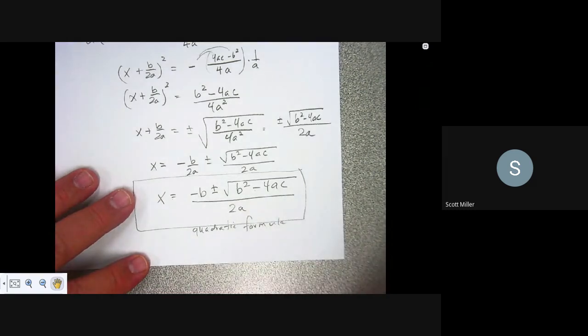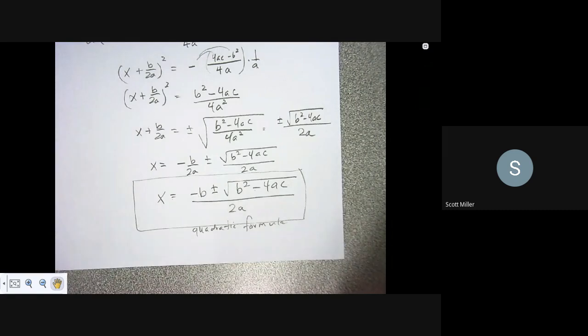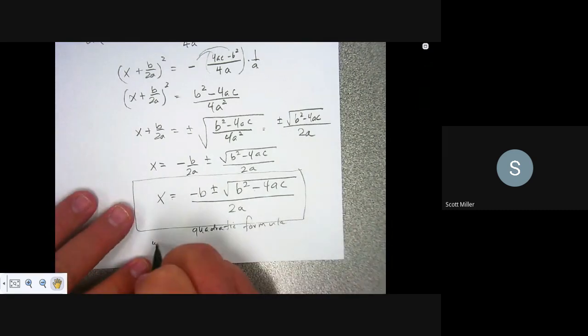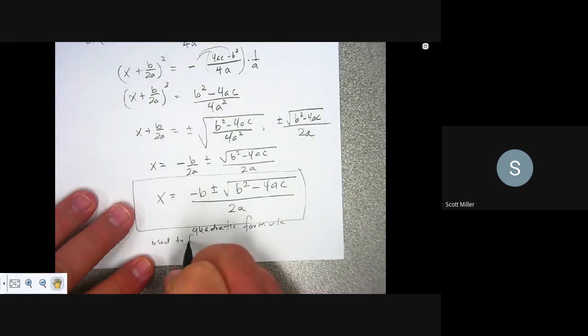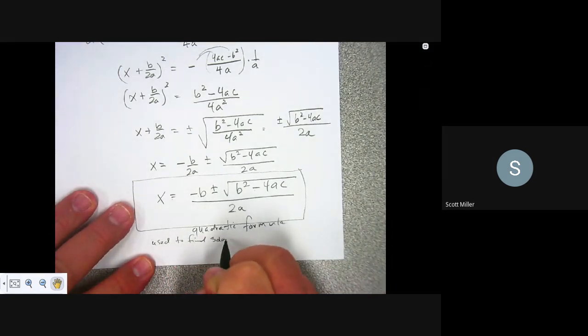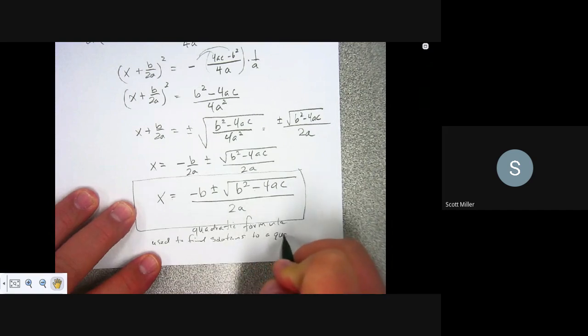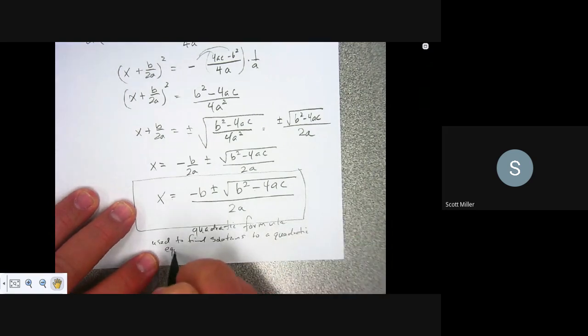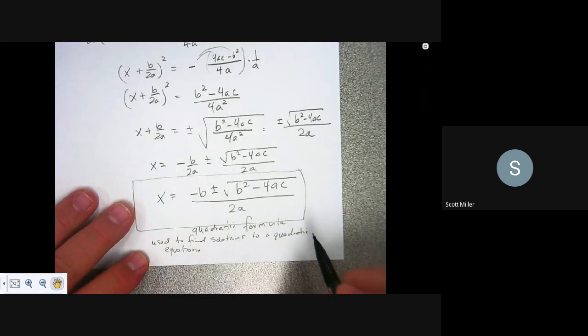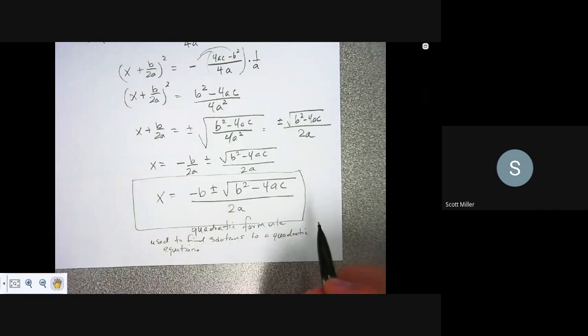The quadratic formula is a method for finding the solutions to a quadratic equation. That's what it's used for. But here's the thing that a lot of people forget.